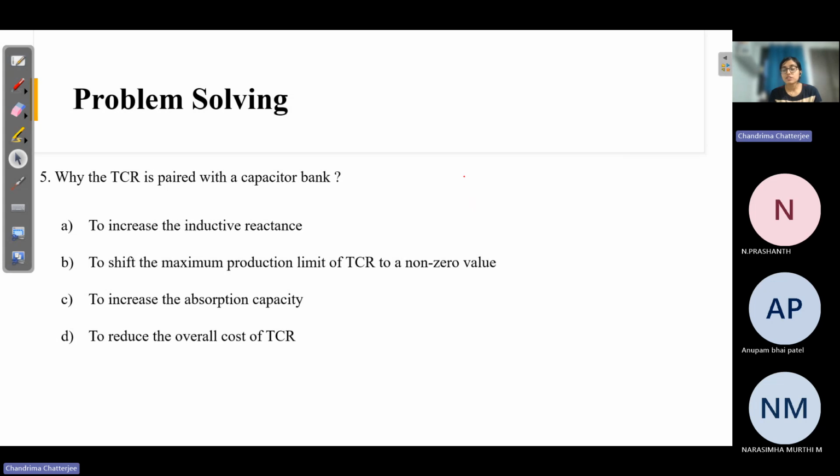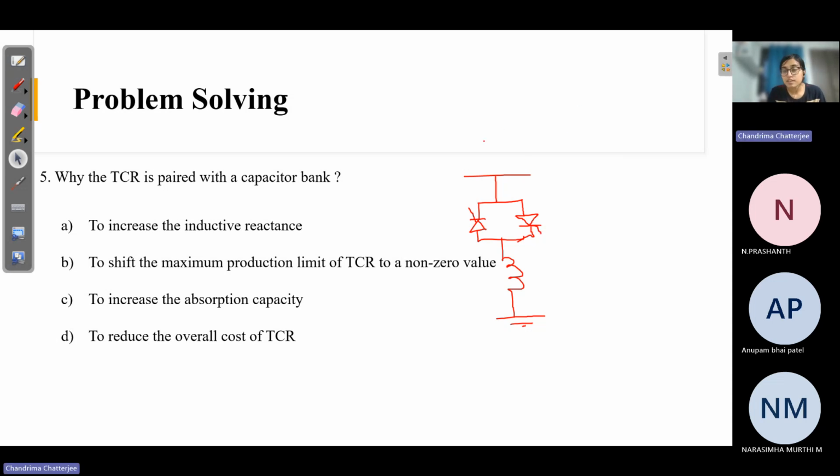Earlier we saw that we were using the SCR with an inductor, right? With an inductor.